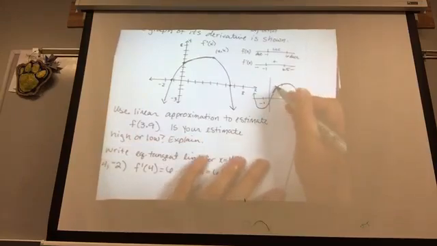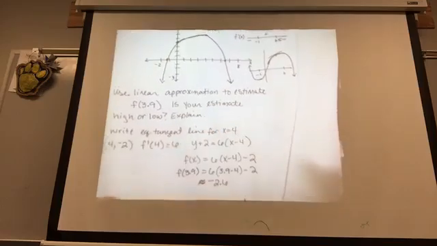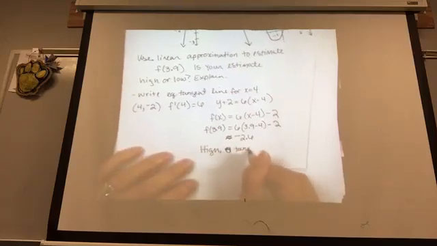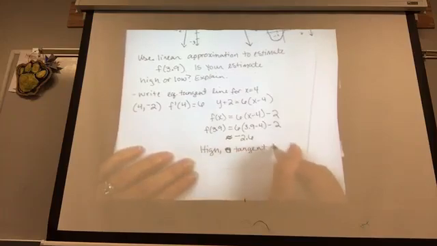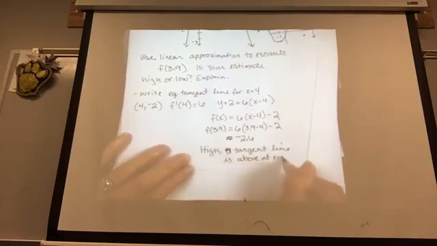Which means the tangent line would be above it, and so it is a high approximation. The tangent line is above at x equals 4.